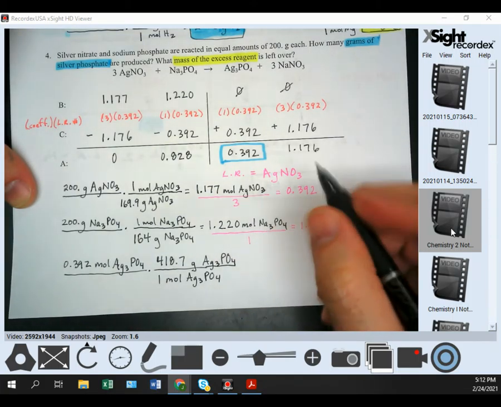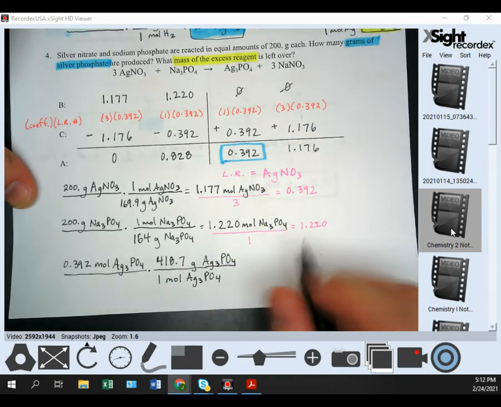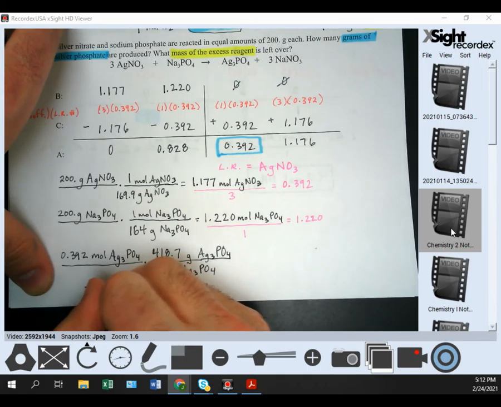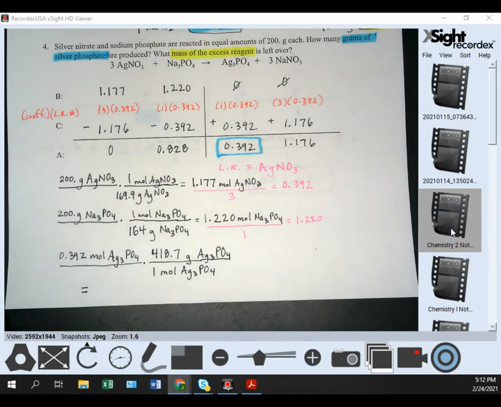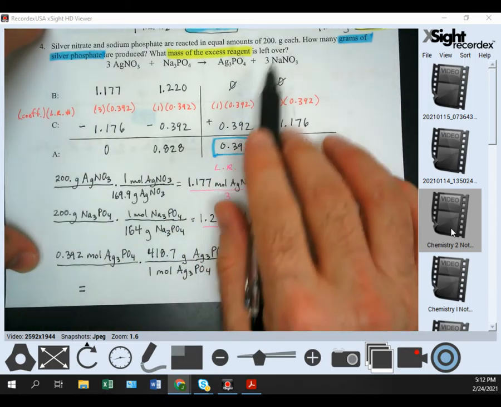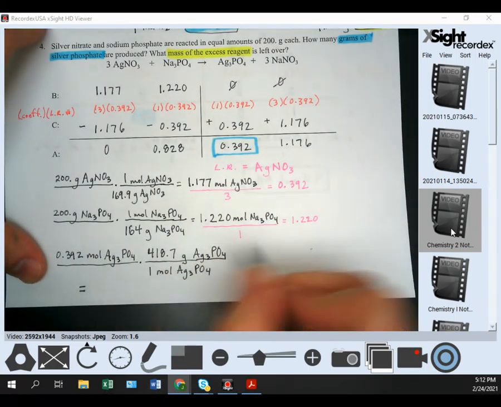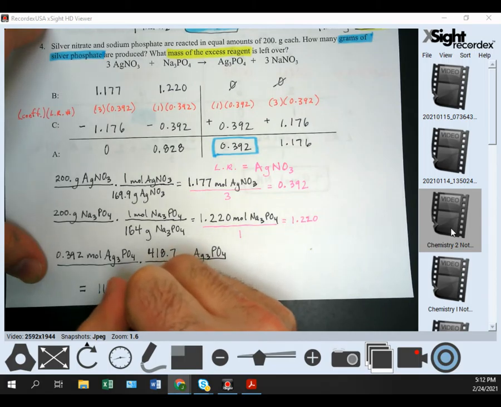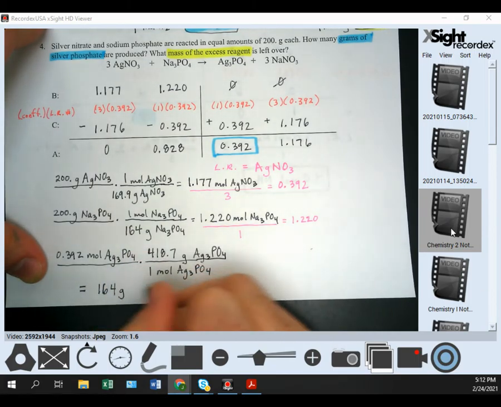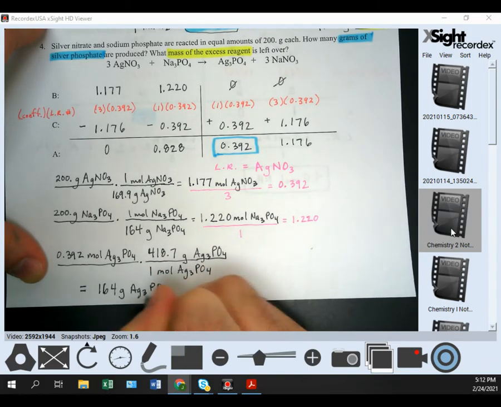Just do the math, and I'm going to put the answer down here because I need to save room for something else. So 0.392 times 418.7 gives us an answer of, and significant figures are 3 because there's a decimal there, so 164 grams Ag3PO4.